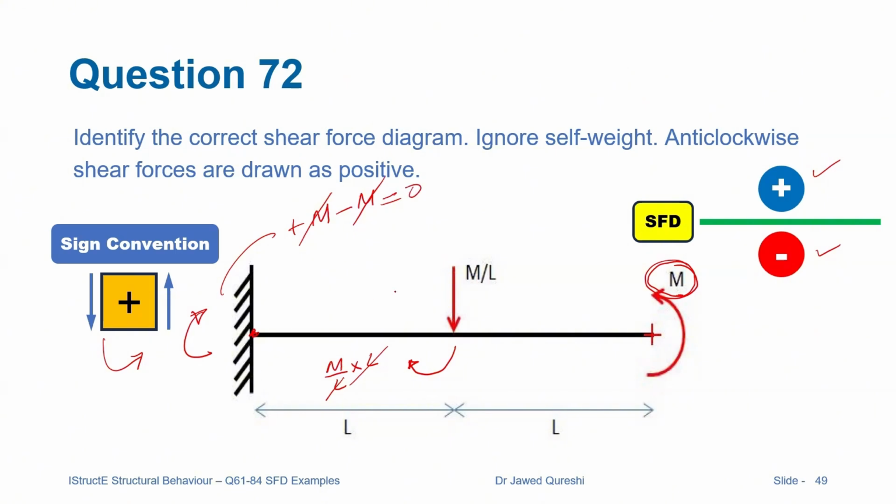When the reaction moment is going to be 0, this entire force will be a reaction over here. So we will have an upward reaction. And I will prove with the help of some values that this concept is right. And this also means that we haven't got any forces in this span.